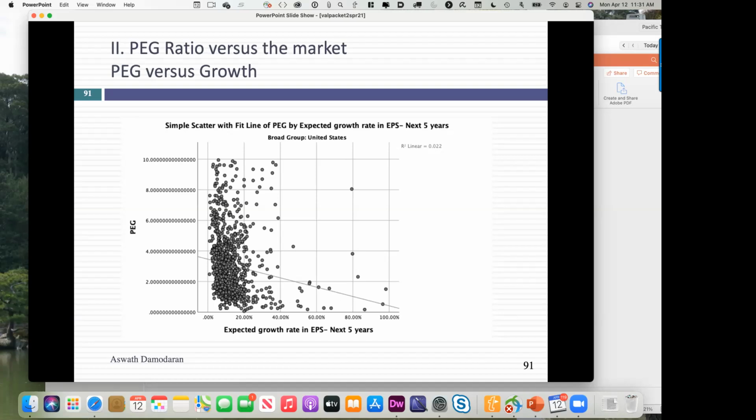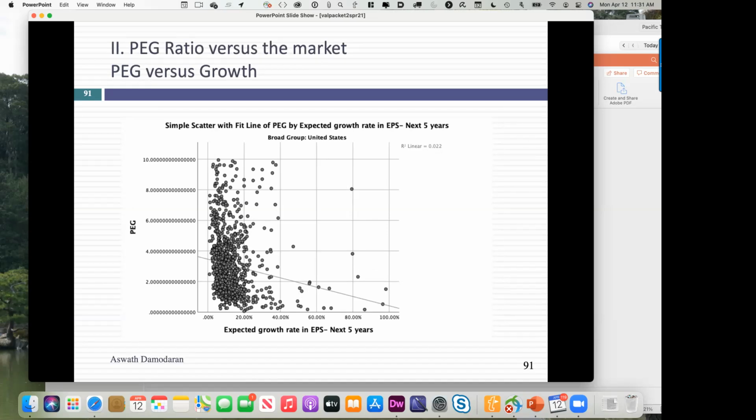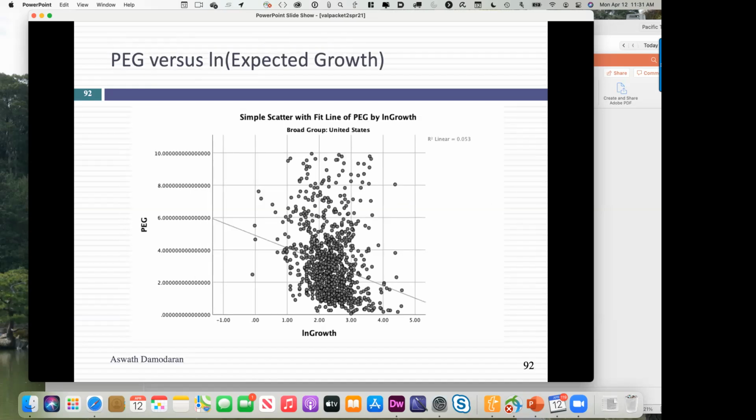So I did something that I find works 90% of the time for me whenever I have a non-linear relationship between two variables. I took the growth rate and took the natural log of that growth rate. So this is PEG ratio against the log of growth. Compare the two graphs. This is PEG ratio versus growth. This is PEG versus log of growth. I might be again imagining it, but this relationship looks a lot more linear than the previous one.